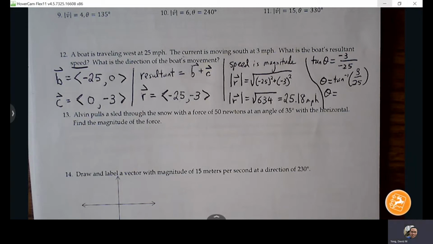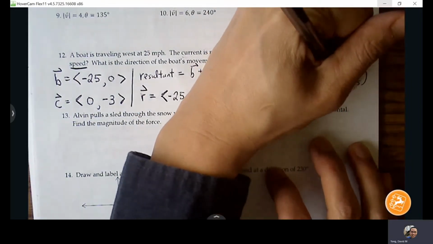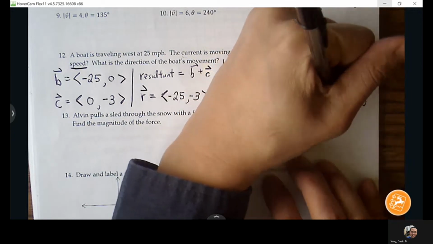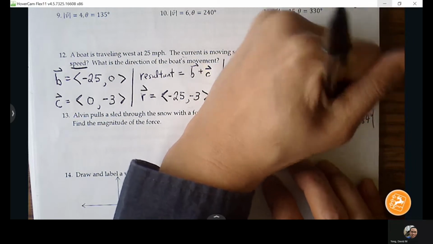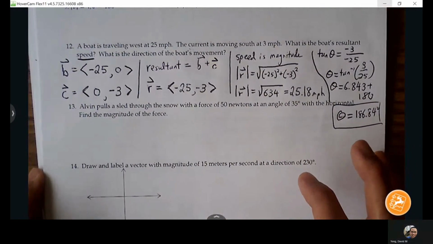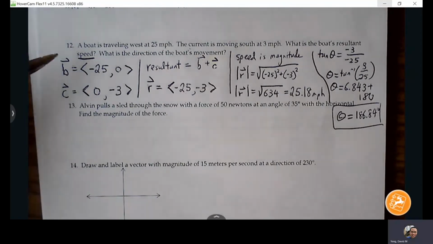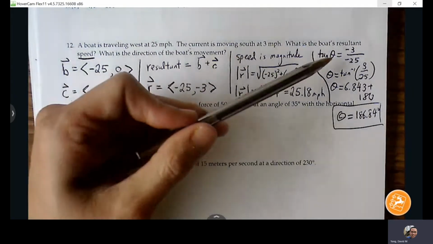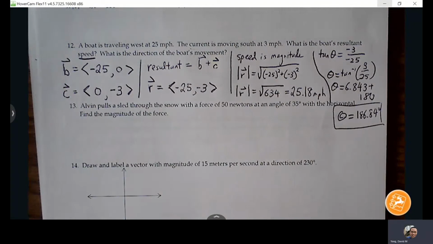I got 6.84 degrees, but what needs to happen with that? Yeah, 180. I think this is the most challenging part, but once you can build your vectors and interpret those words in terms of, oh, that's just speed, oh, that's just angle measure. Okay.